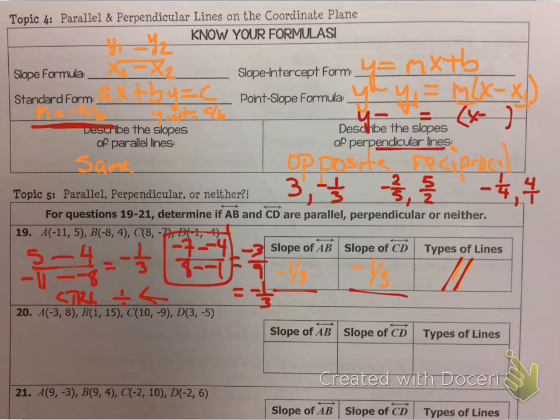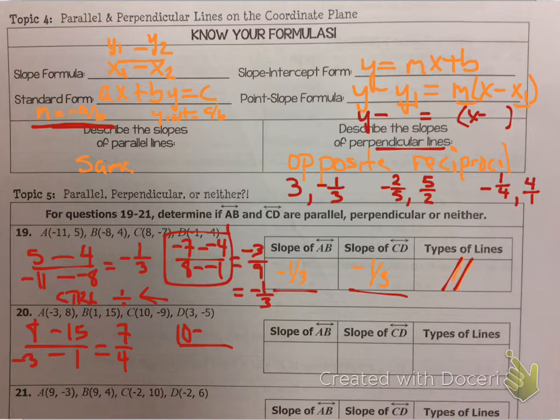That first one y'all should be able to do. So if I set up the second one, let's see what that one gives me. Minus 8 minus 15, negative 3 minus 1 gives you, should be 7/4. Okay, if I look at the next one, I have 10 minus a negative 5.